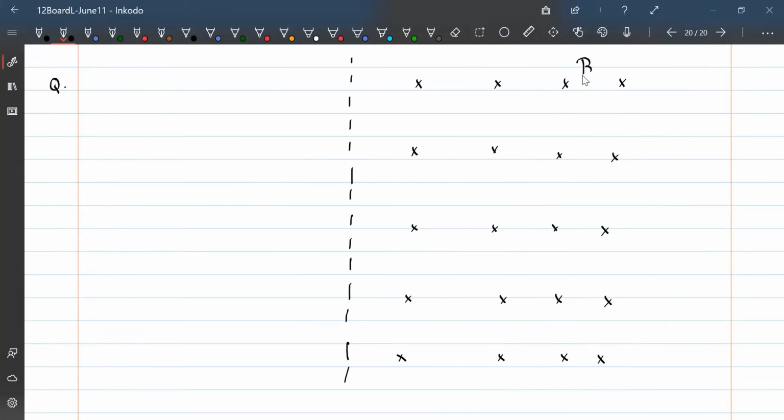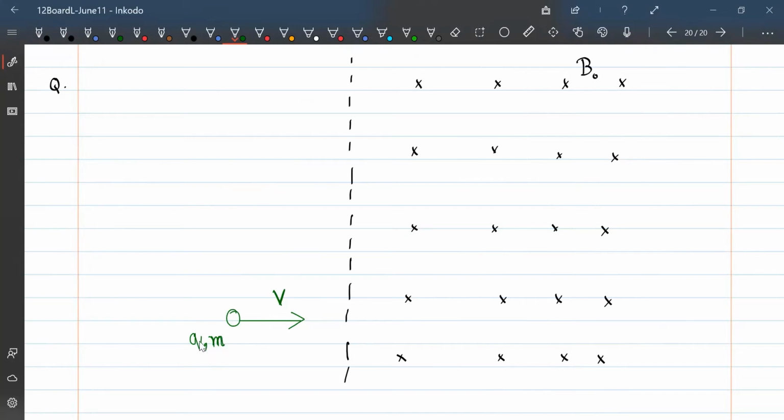So this is magnetic field B naught. And I'm going to project a positively charged particle inside this magnetic field region. Charge is Q, mass is M.